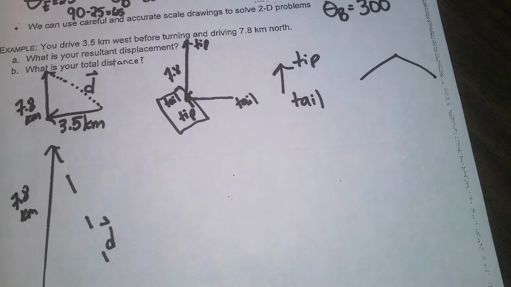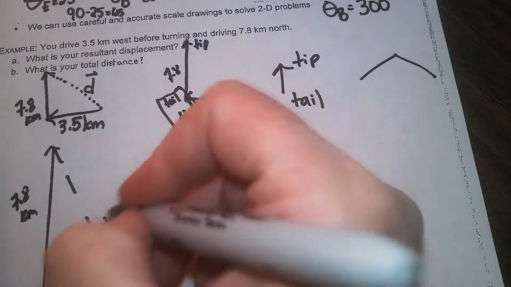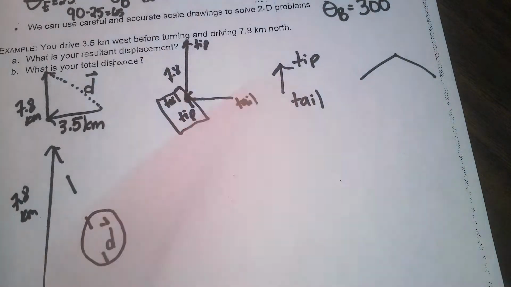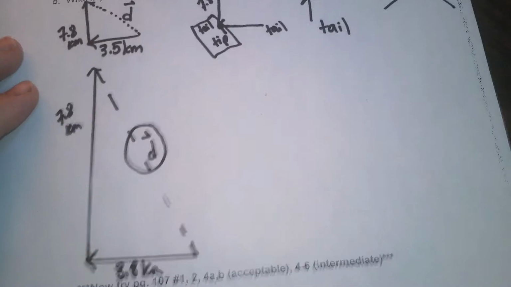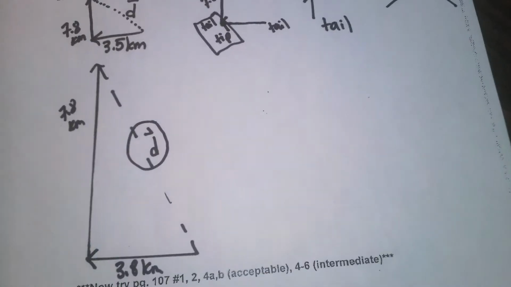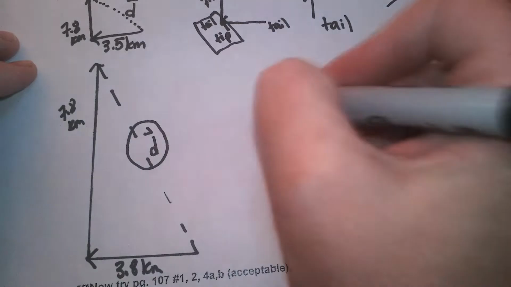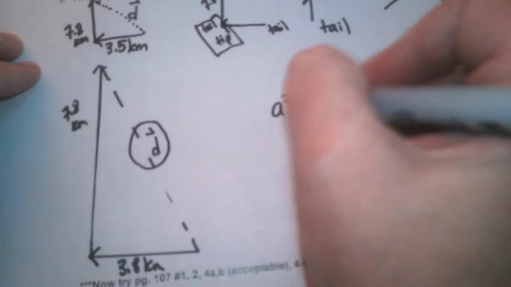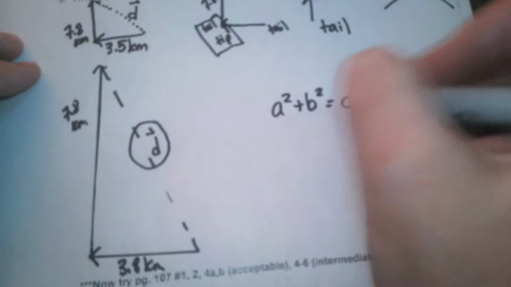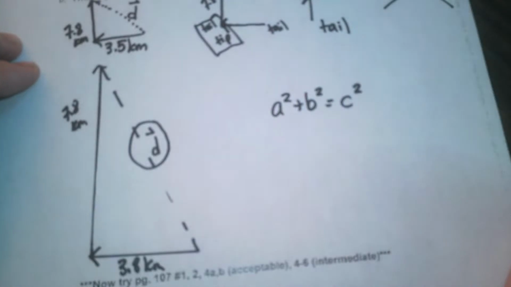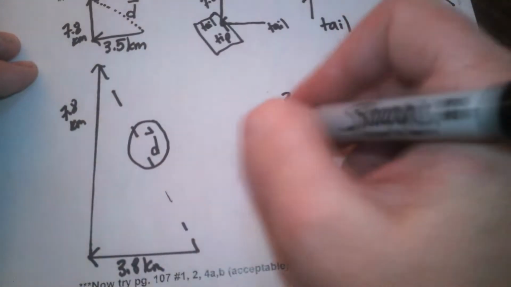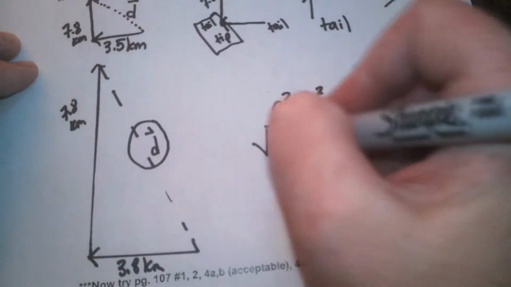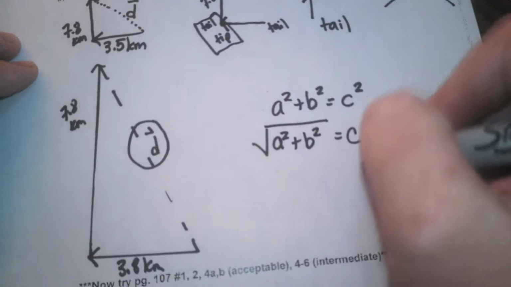So, how do I find this value here? How do I find the hypotenuse of a triangle? Do I want c squared or do I want c? C. So c is equal to the square root of a squared plus b squared.